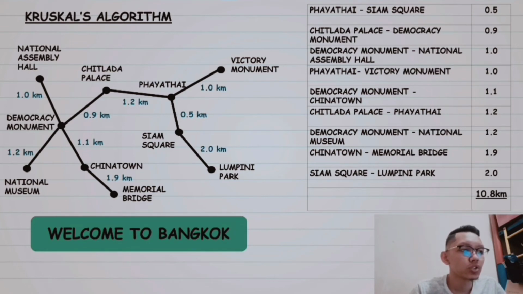The total minimal spanning tree is 10.8 kilometers distance for the Bangkok map by using Kruskal algorithm.